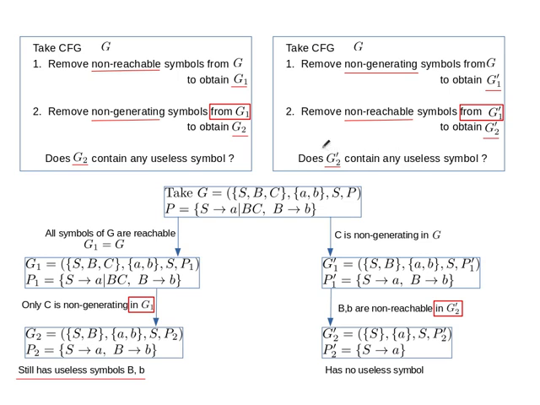Again, you may say that these two are the same thing, and it doesn't matter which one we remove first. But the thing is, whatever you are removing at this step, you are removing it from the grammar that you generated as an intermediate step, not from the original grammar.